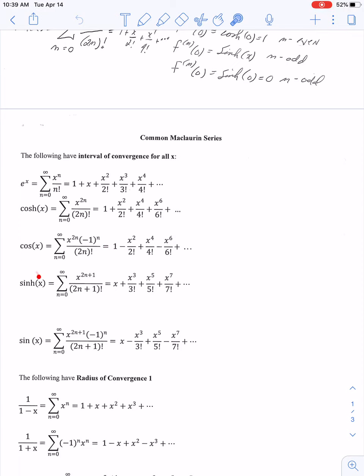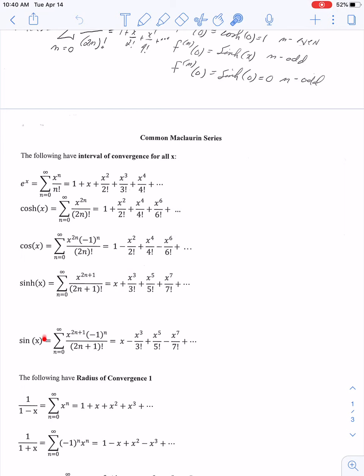And sure enough, they only have even powers of x. But what about the hyperbolic sine and the sine? Well, the hyperbolic sine function, sinh, is an odd function. Yes, it is. Which means it's symmetric with respect to the origin, right? Well, wouldn't you expect an odd function to have an expansion that only has odd powers of x? I would. And so sinh is an odd function, has only odd powers of x.